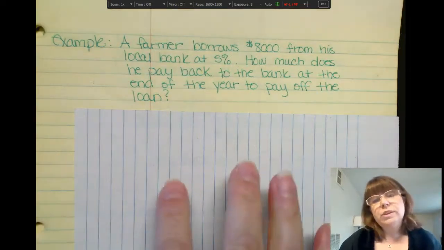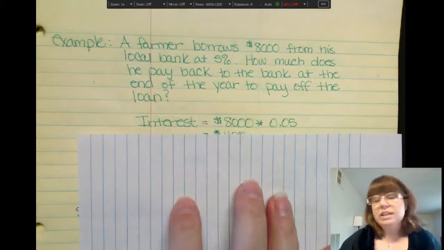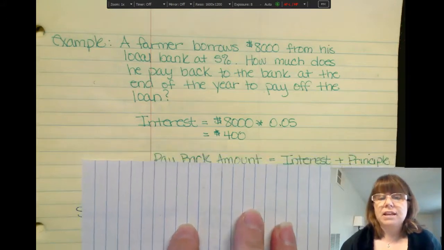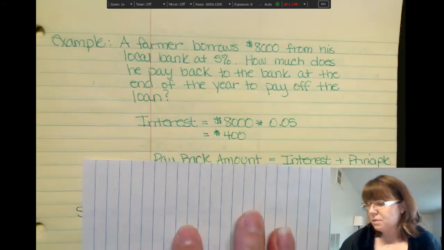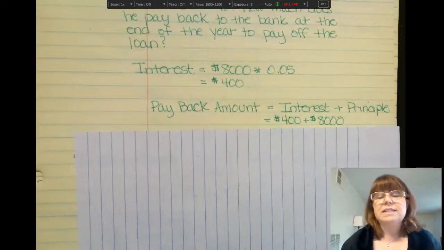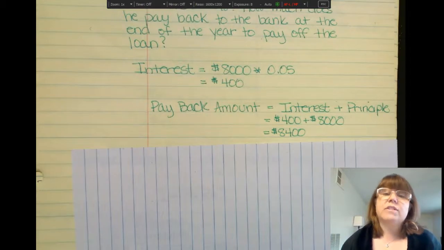So let's calculate what the interest will be. The interest is the $8,000 times 5%, or $400. The total amount he has to pay back to the bank is the interest plus the principal. Therefore, it's $400 plus $8,000 for a total of $8,400.